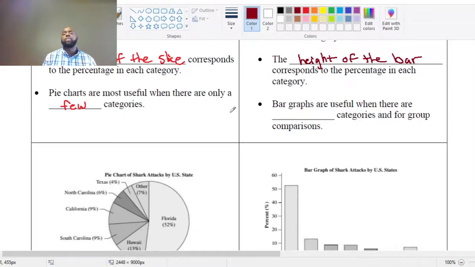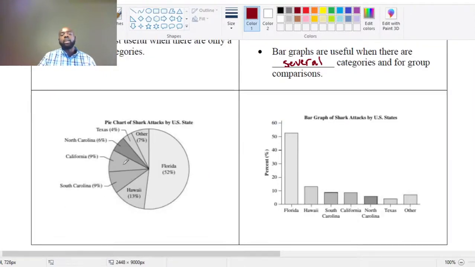Bar graphs are useful when there are several categories and for group comparisons, right? It's a little hard to compare California and South Carolina and North Carolina here when we're dealing with the size of a slice versus looking at the height of a bar. It's a lot cleaner. It's easier to make comparisons, right? We can definitely see that Florida is higher, just as it was bigger in the pie chart.